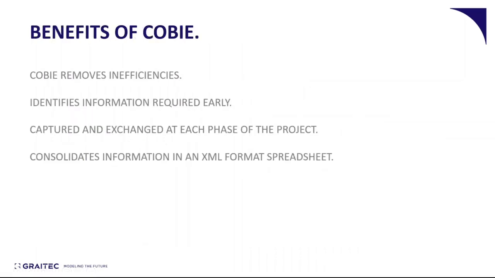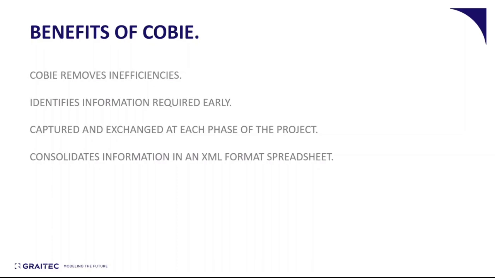So the benefits of using COBie is that it removes inefficiencies. It's presenting the information in a standardized way. The information is presented as and when required, and it's captured and exchanged.